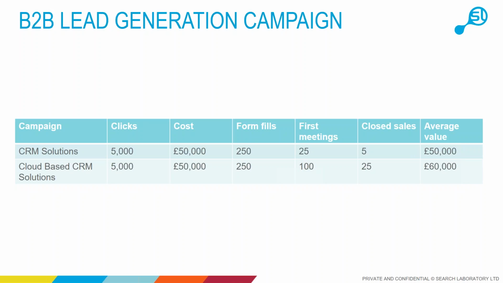You can see in this example I've given here, the cloud-based CRM solutions campaign is performing over 5 times as well as the general campaign. And you might hypothesize that that's because it's a more specific or a more direct keyword that is related to your product.